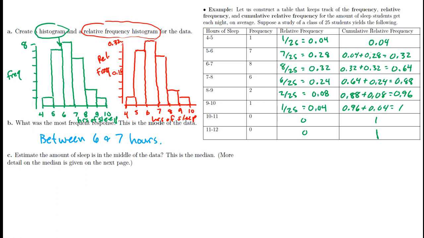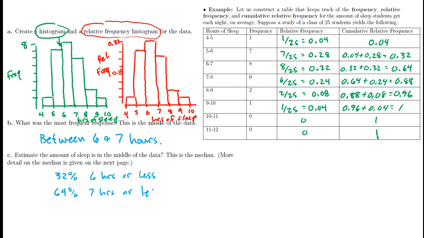So what did we say? 32% of students get 6 hours or fewer of sleep. 64% of students get 7 hours or fewer, right? 32%, 6 hours or less, and 64% get 7 hours or less.